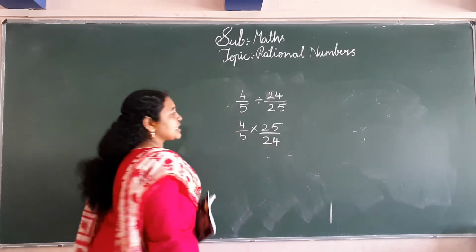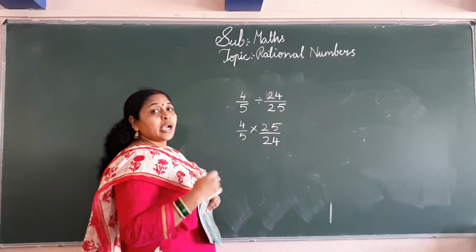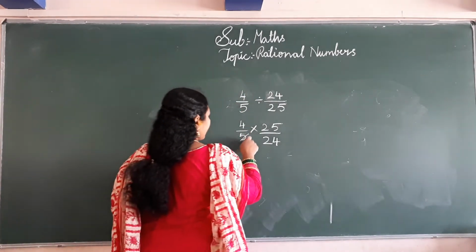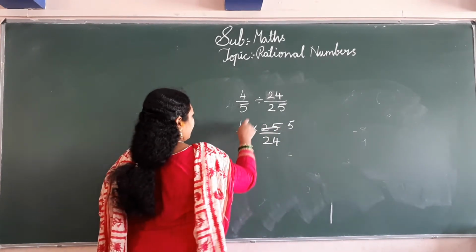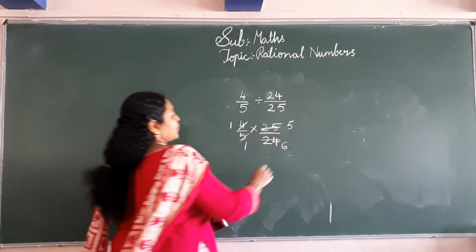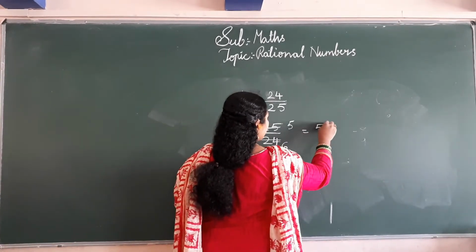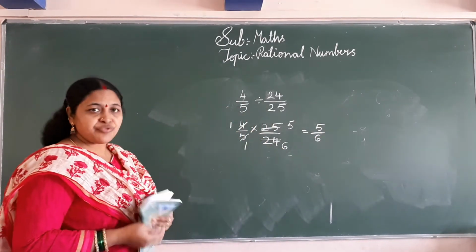When you reciprocal the second number, denominator goes to the numerator and numerator comes to the denominator. So 5 1s are 5, 5 5s are 25, 4 1s are 4, 4 6s are 24. Therefore, our answer is 5 by 6. This is normal division in fractions.